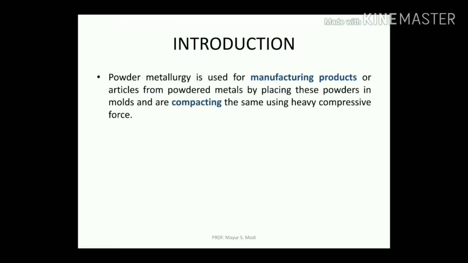Introduction. Powder metallurgy is used for manufacturing products or articles from powdered metals by placing their powders in molds and compacting them using heavy compressive forces.